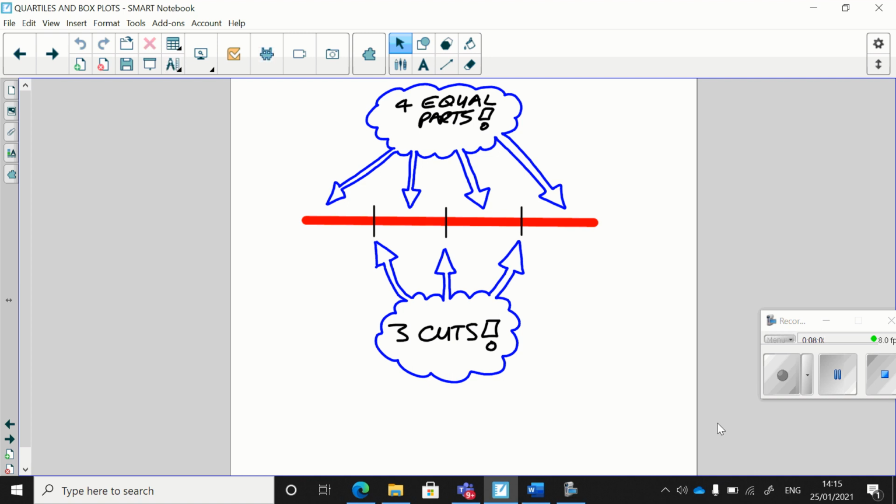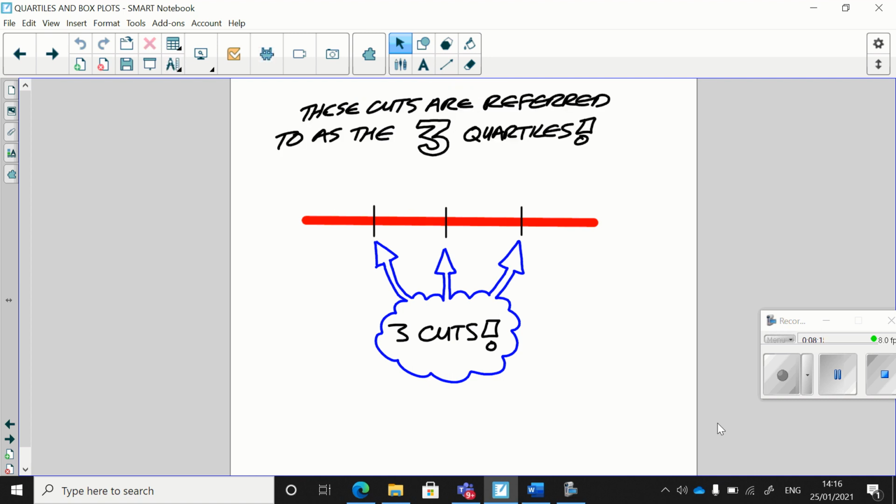The location of the cuts, they're going to be numbers, and their numbers come from sort of median calculations. Okay, so these numbers that we're going to look for eventually, they're referred to as the quartiles. And there's 3 of them, so we refer to these as the 3 quartiles.